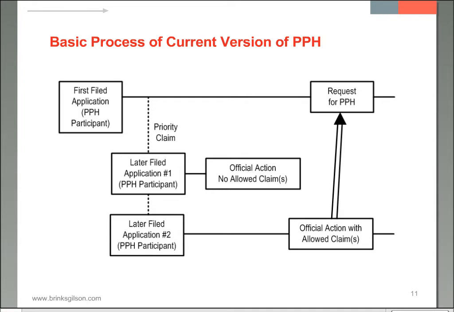Note in this example, the office action for the second later filed application triggers PPH. And so PPH can be requested for the first filed application. That's denoted by the arrow in the box. It cannot be requested in the first later filed application, which is called later filed application number 1 in the slide, since it previously received an office action.